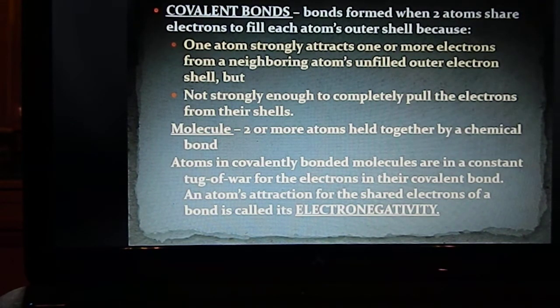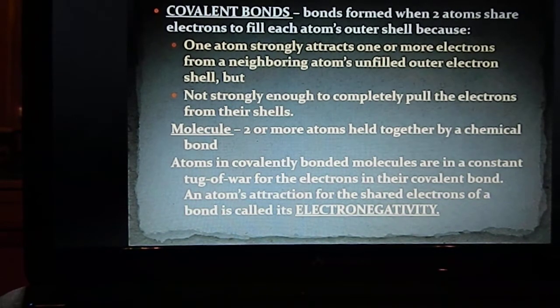Where the electrons are shared, not donated and accepted, right? And so atoms in a particular covalently bonded molecule are in constant tug of war for those shared electrons.